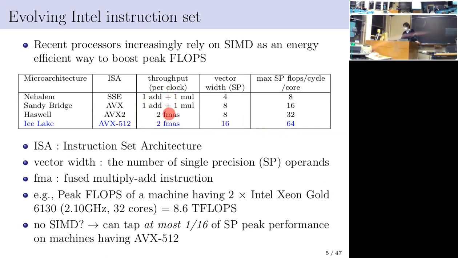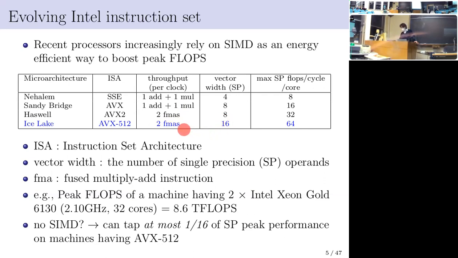Each of these processors can execute something like this in every single cycle. The most recent generations are typically able to do SIMD FMAs, which stands for fused multiply and add instructions. A single SIMD FMA instruction is able to perform 16 FMAs.